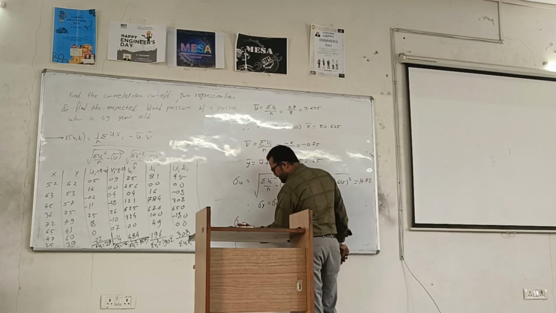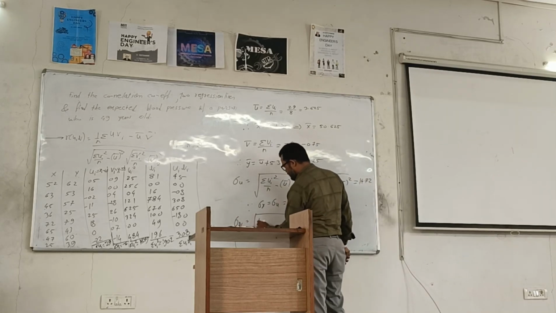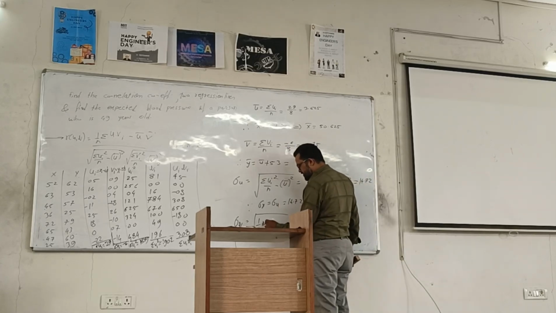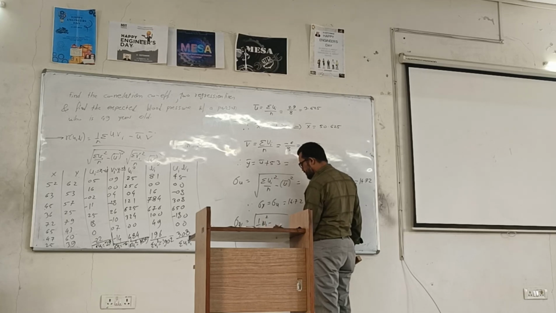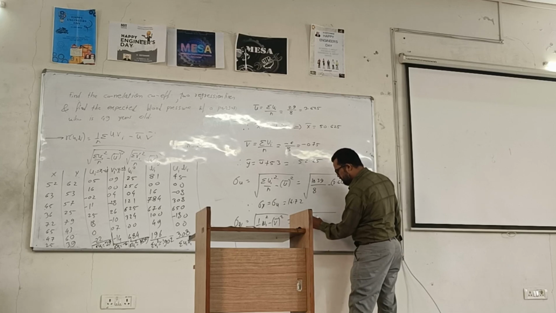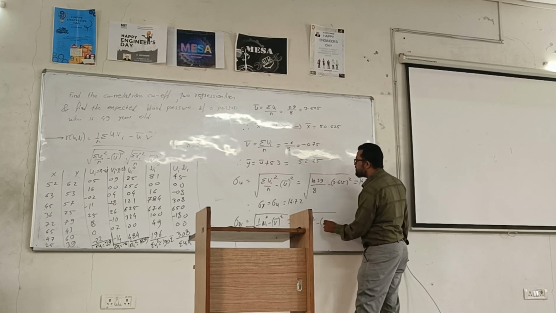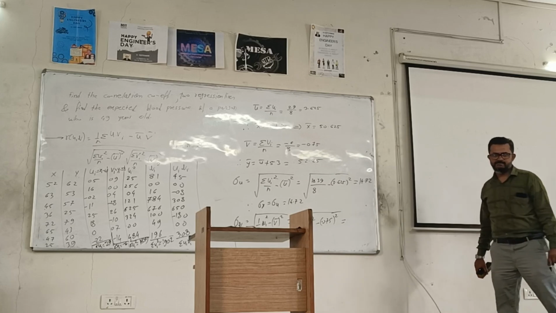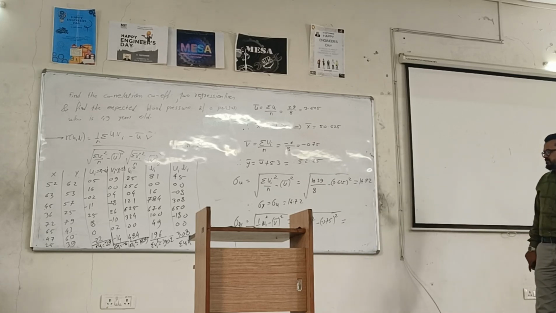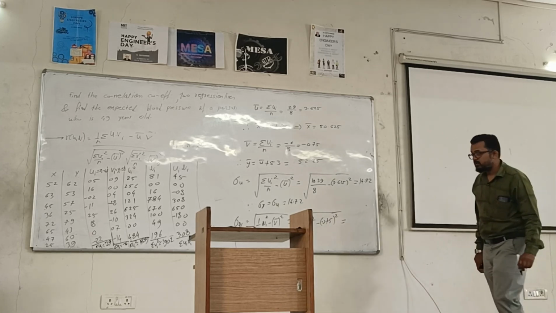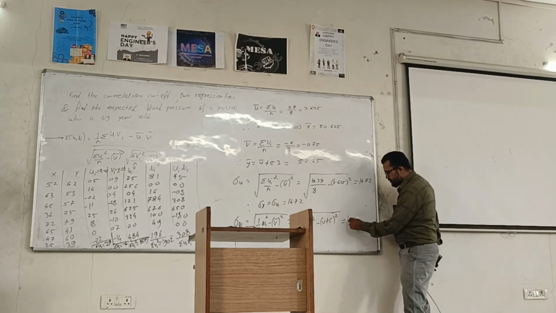What is sigma v? Summation vi square upon n minus v bar whole square, which is nothing but vi square is 102 upon 8 minus 0.75 square. How much is it? 15.40.